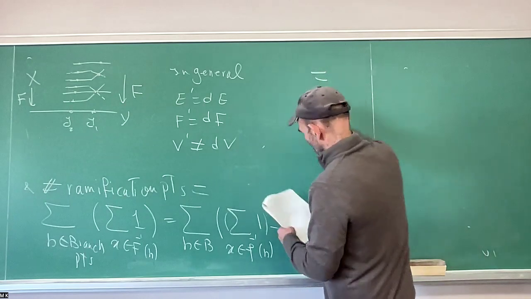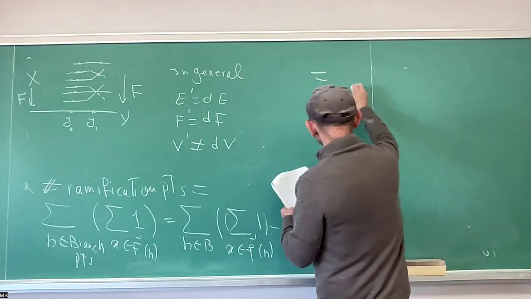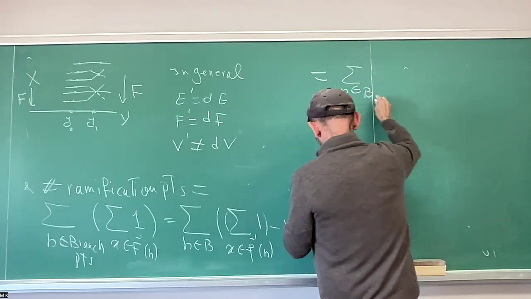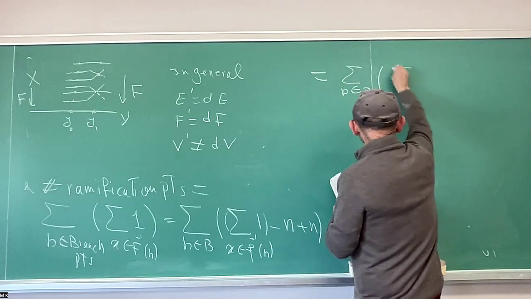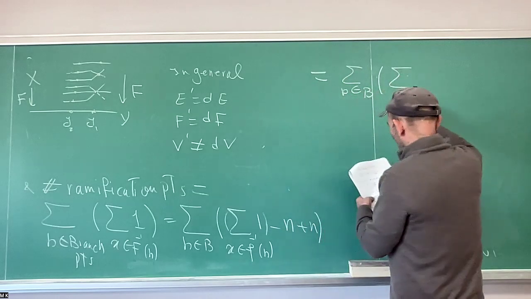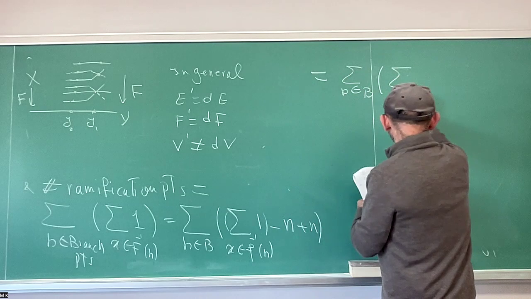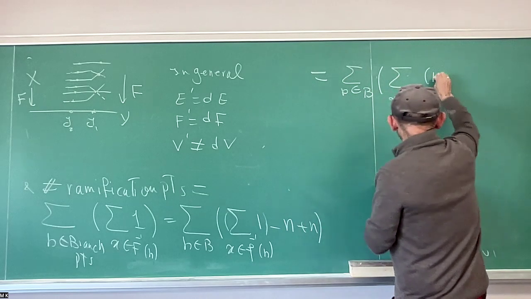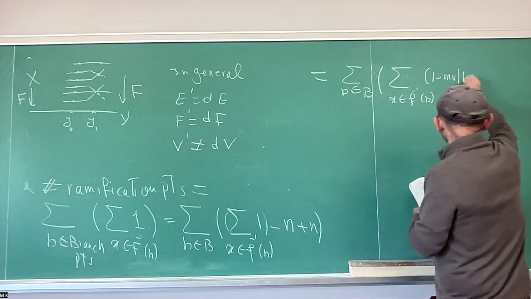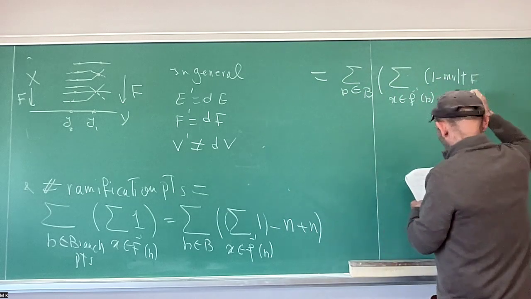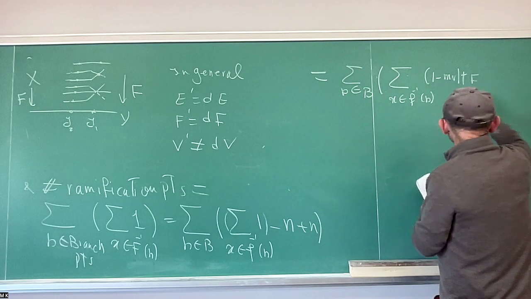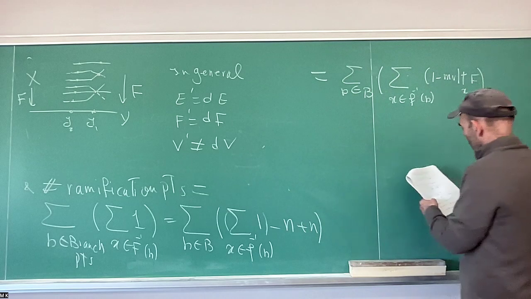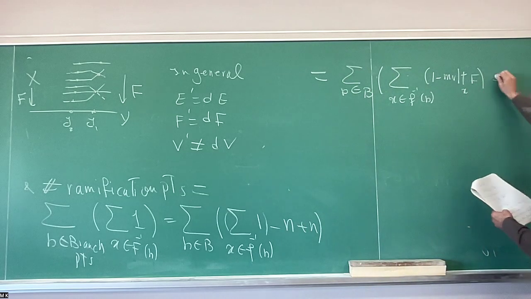So this is equal to the sum over P belonging to B, and then the sum over x belonging to f inverse of P of 1 minus the multiplicity of f at x, and then plus d.